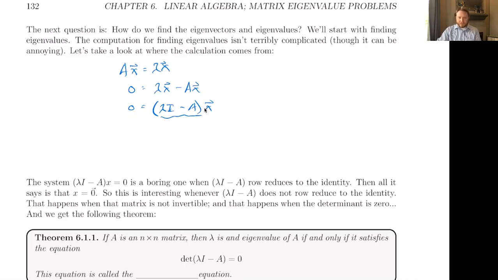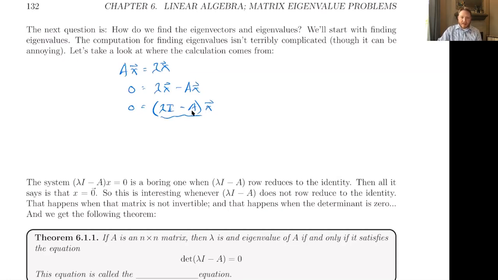Now, x is going to be the corresponding eigenvector. Of course, the 0 vector makes this happen, but that's not very interesting. Of course, A times 0 is lambda times 0. That's not what we're thinking about. So for a non-zero x, if this system, lambda I minus A, row reduces to the identity, then it will essentially say that x is 0, because that's how that thing will reduce.